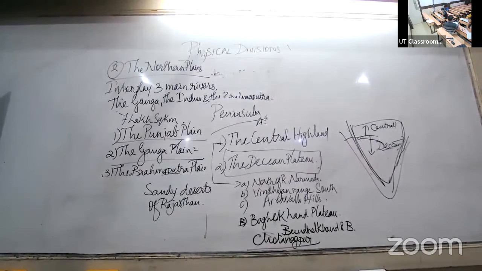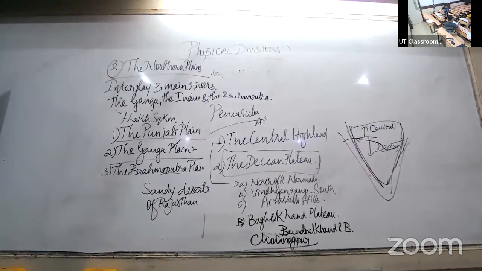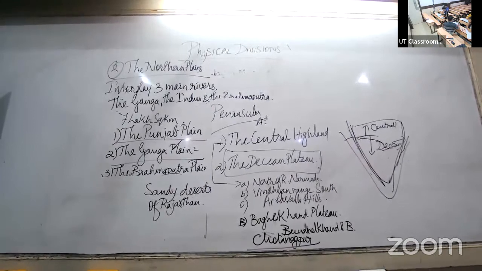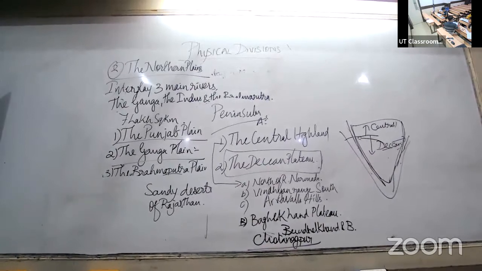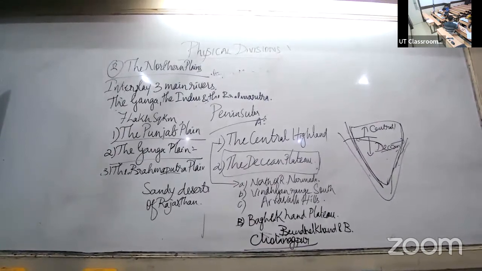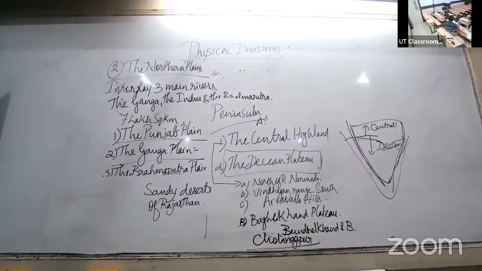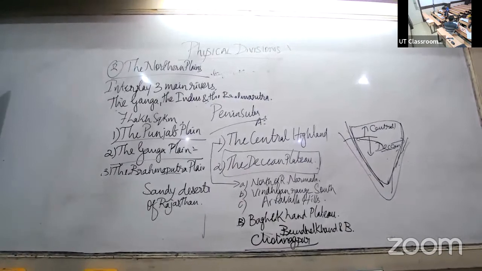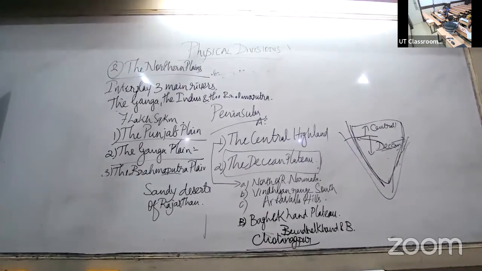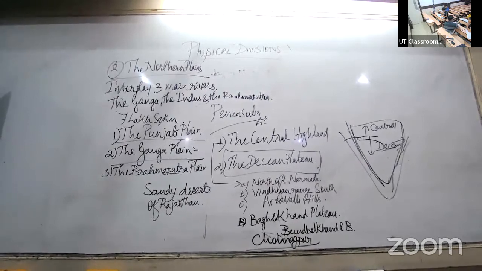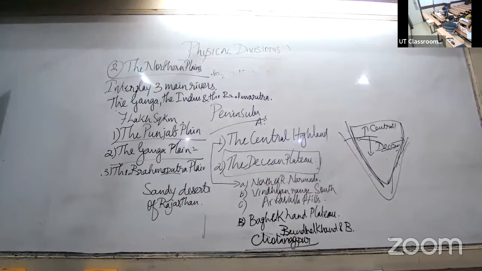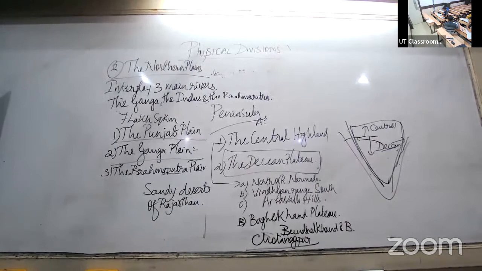For your assignment, homework: the map we developed, take an extra map and get the outline. Write your answers to question number 1, 2, 3, 4 and 5 on page number 179.